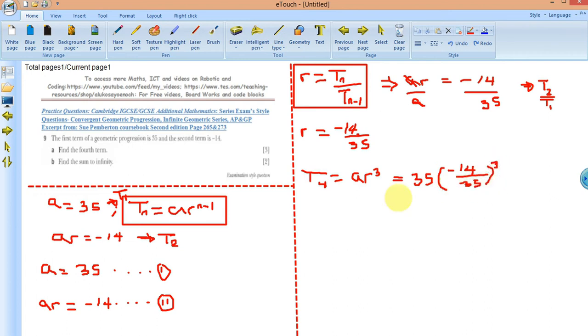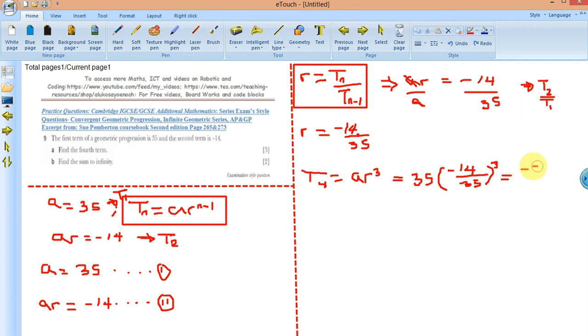So 35, open a bracket, minus 14 over 35, all raised to power of 3 equals minus 56 over 25. So this should give you minus 56 over 25.